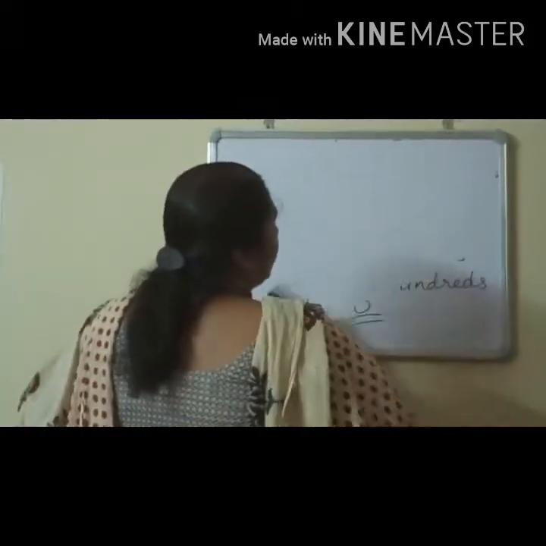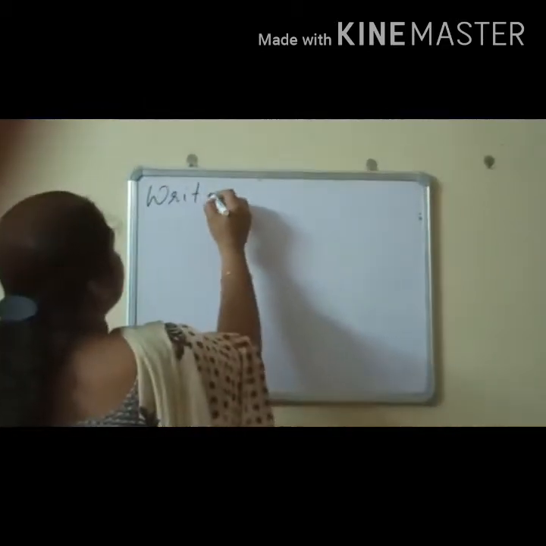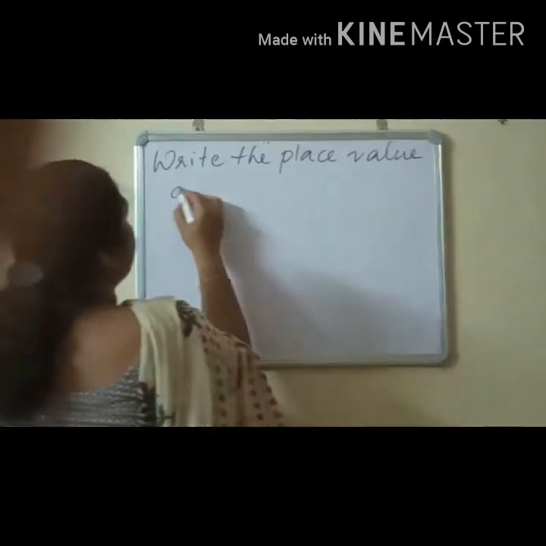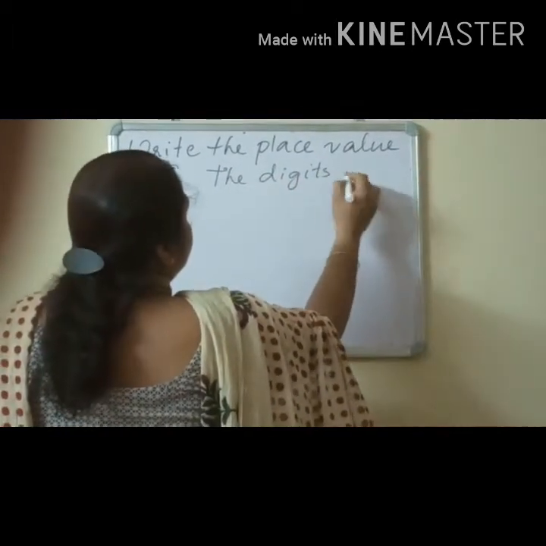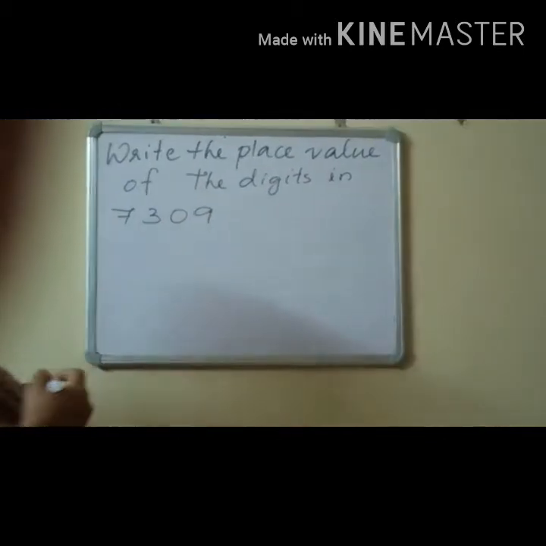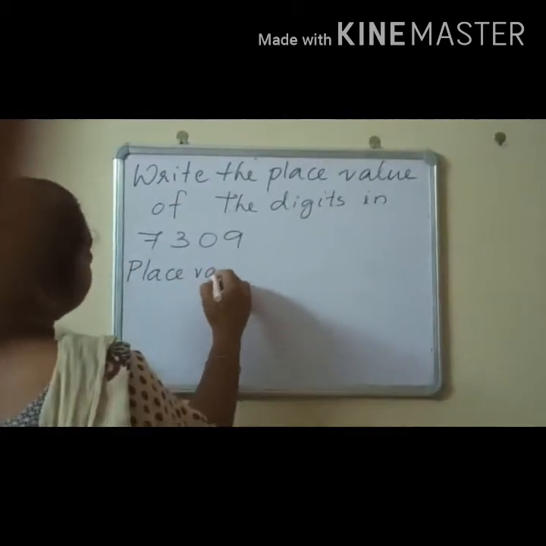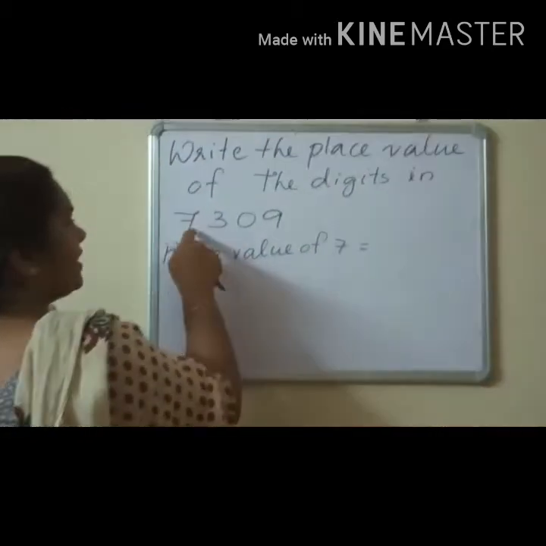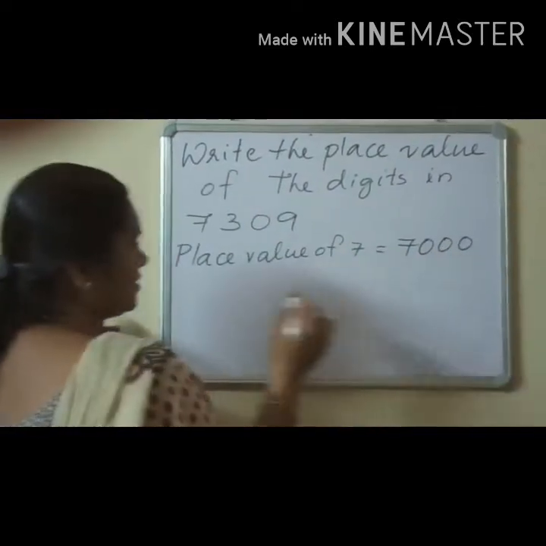One more example I'll give you. Write the place value of the digits in the number. So what about the place value of 7? 7 is in the thousands place, so the place value of 7 is 7,000.